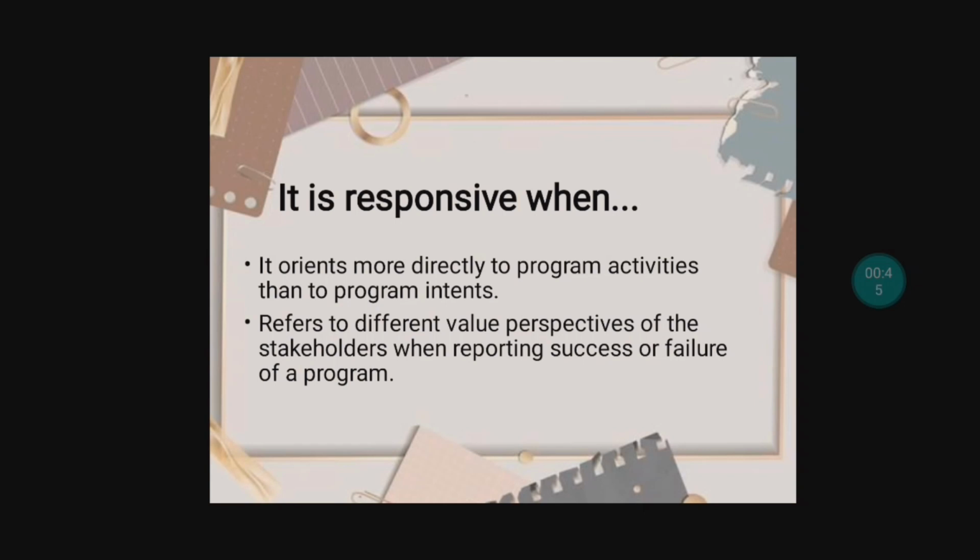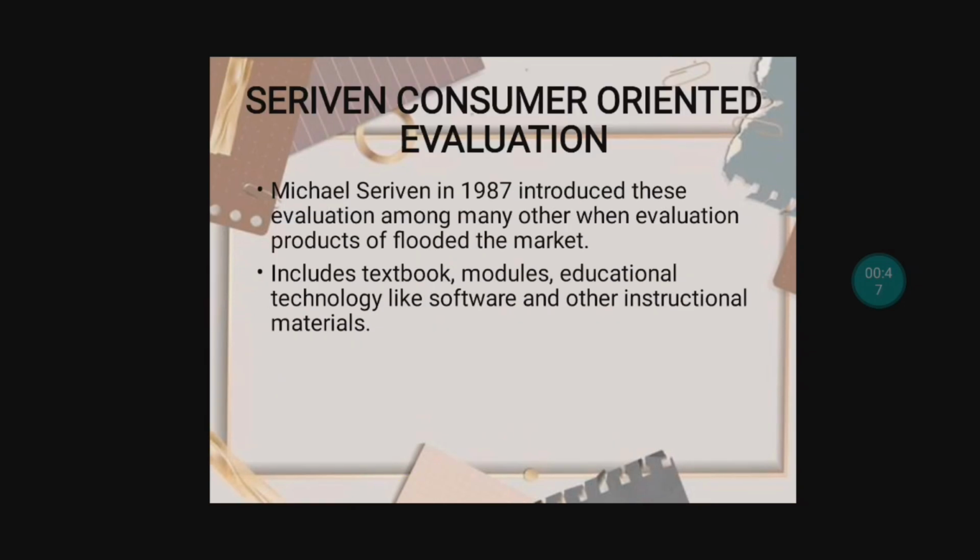So, moving on to the last model, which is Scriven's consumer-oriented evaluation. Michael Scriven in 1987 introduced this evaluation, among many others, when evaluation of products flooded the market. Consumers of educational products which are needed to support an implemented curriculum often use consumer-oriented evaluation.